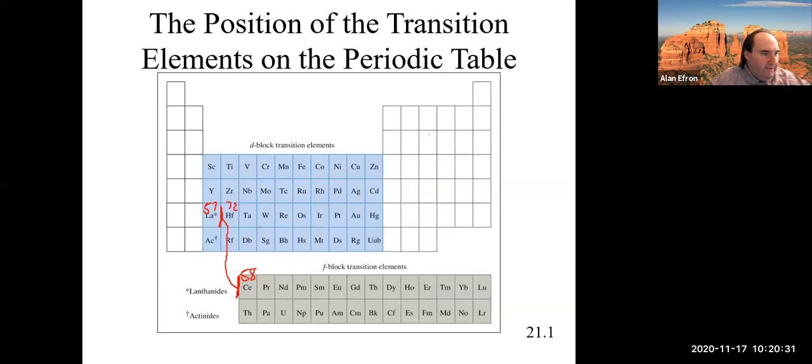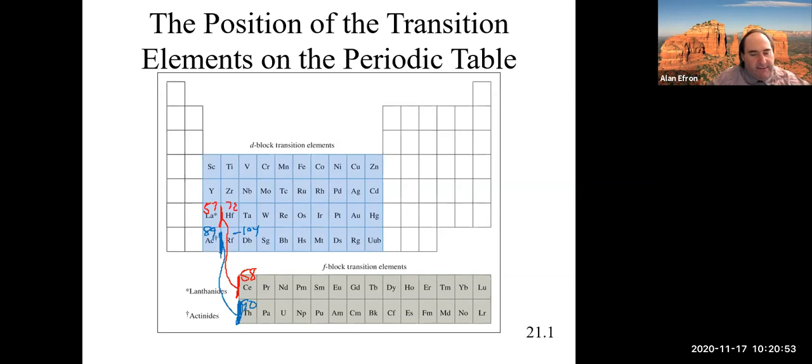We have Ac, which is 89, and then the element next to it on the periodic table is 104. That's because Th down here is 90, and this row technically goes right about there on the periodic table.